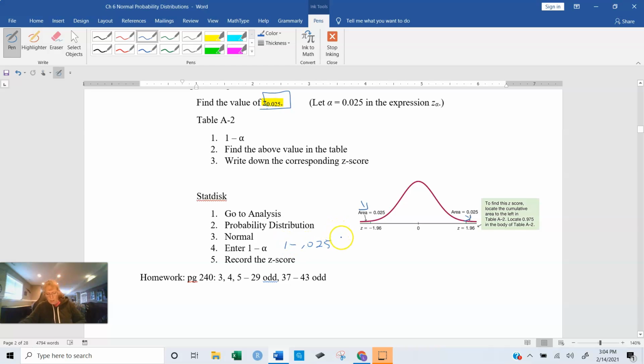All right, and that's going to be equal to, oh, sorry, I wrote that wrong. That's 0.975. There you go, 0.975.